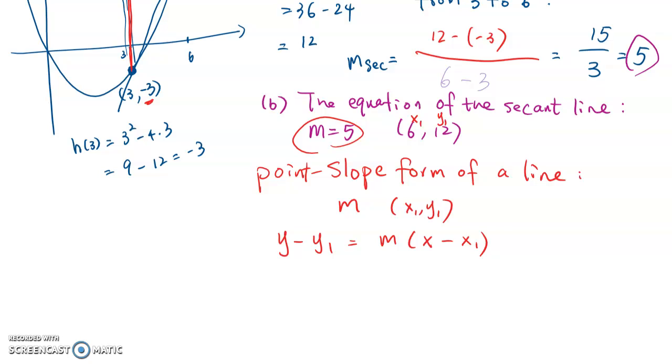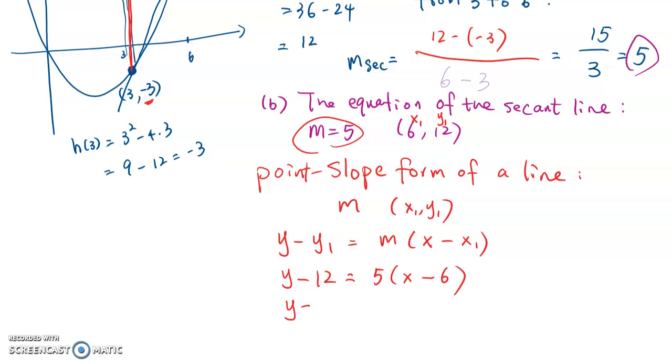I'm going to plug in the information I have into this point-slope form. Okay, so y minus my y1, which is 12, equals my slope, 5, times x minus x1, which is 6 here. Okay, all I have to do is simplify this form.